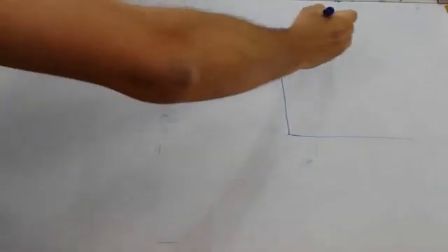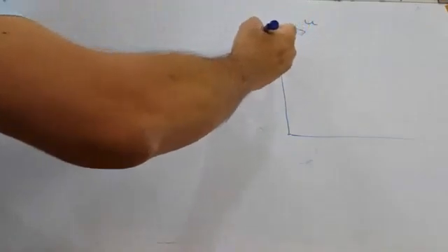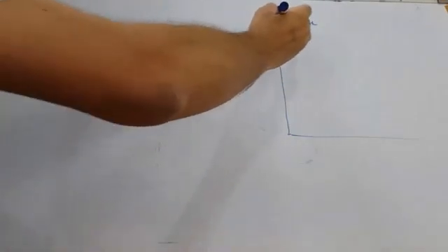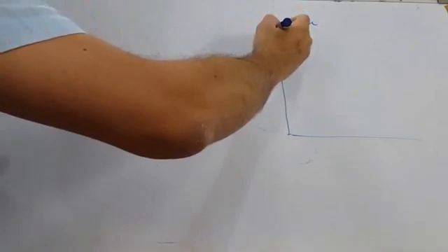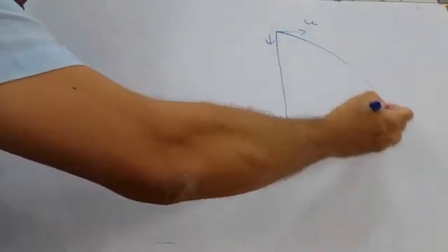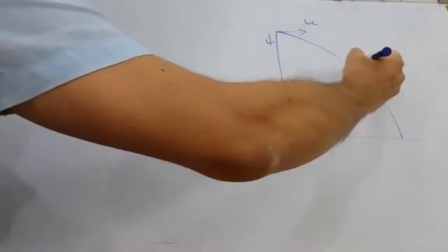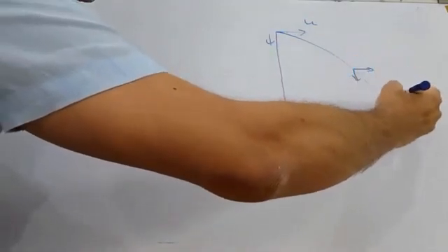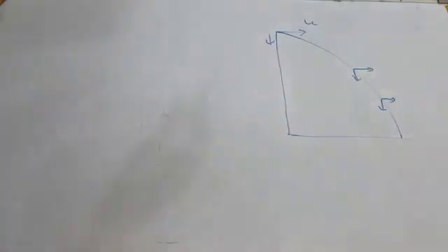Initially the y component was 0, but free fall will start, the vertical component will come into effect, and that will be the path followed. This is the horizontal component, this is the vertical component. The horizontal component will remain u because there is no opposing force along the horizontal.